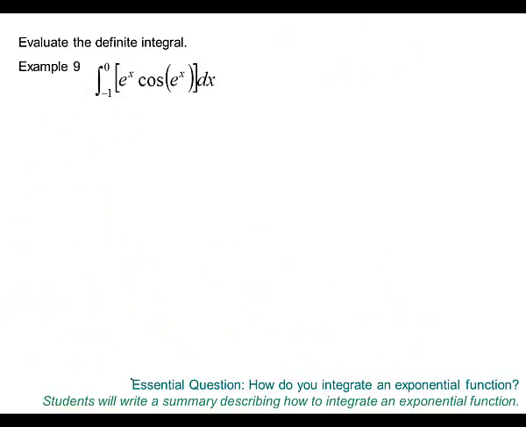Okay, looking at example 9. What do you think you're going to use as your u? E to the x. Good. So du is going to be? E to the x dx. And we already have that. So I'm going to ignore my limits.